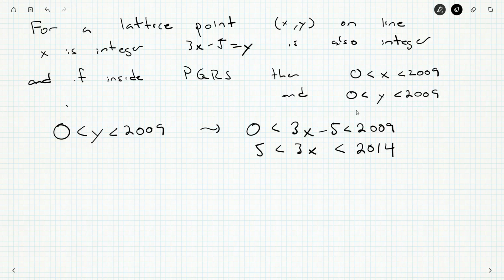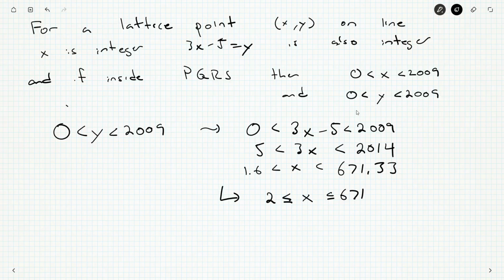Dividing those by 3, we have 5 divided by 3, 1.6 something, and 2014 is also not a multiple of 3, it's 671.33. It doesn't really matter. So the values of x have to be between 2 and 671 inclusive. If it was a little bigger, it would be 672, and that wouldn't be allowed. If it was less than 2, it would have to be 1, and that's not allowed.